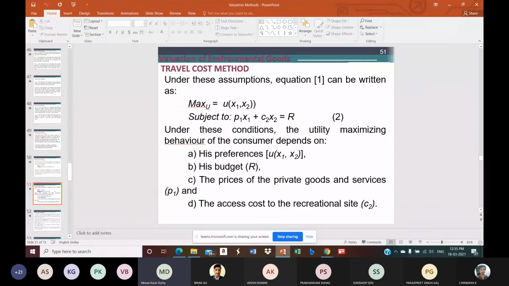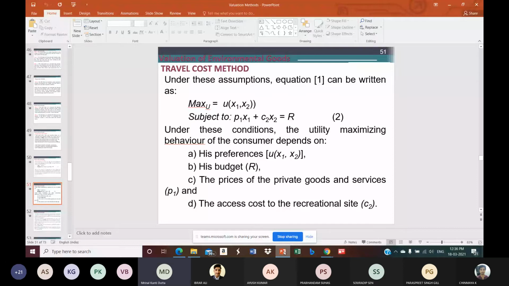Under these conditions, the utility maximizing behavior of the consumer depends on a number of things. One is his preferences, how much of the two different commodities or goods and services he will be preferring. So his preferences will decide how much utility he will be getting. Depending upon the income level, he will be in a position to consume different units of the two commodities X1 and X2. So budget decides the satisfaction level as well, because satisfaction depends upon the quantum of the two goods and services.